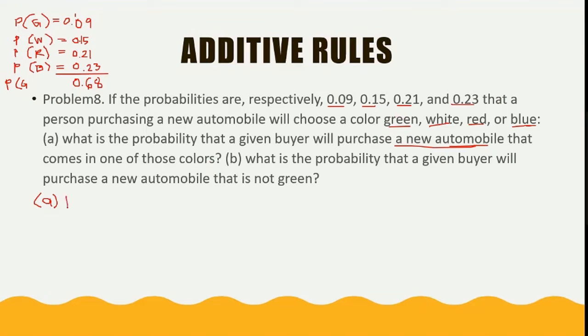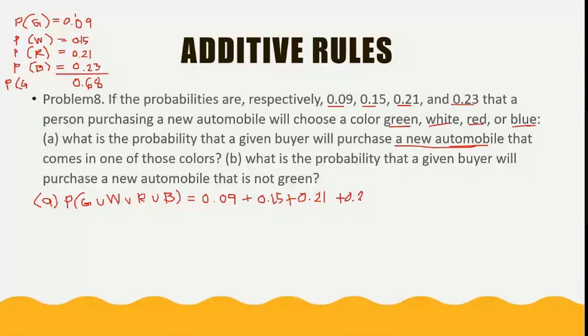So that's the probability of getting green with the probability of getting white, red, and blue. So we'll just add all of them. So 0.09 plus 0.15 plus 0.21 plus 0.23.